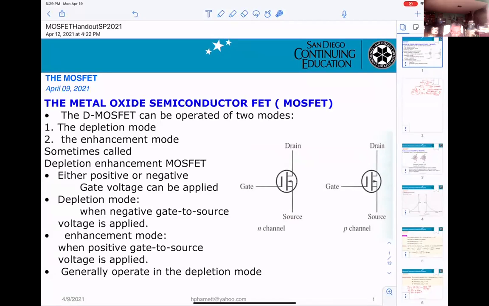Either positive or negative gate voltage can be applied. Depletion mode is when negative gate-to-source voltage is applied. Enhancement mode is when positive gate-to-source voltage is applied. Generally it operates in the depletion mode.